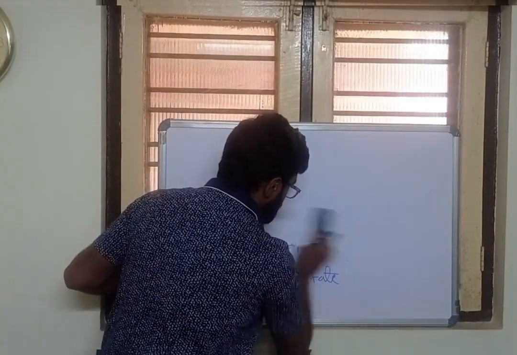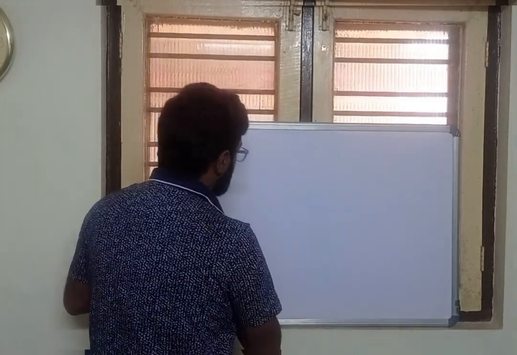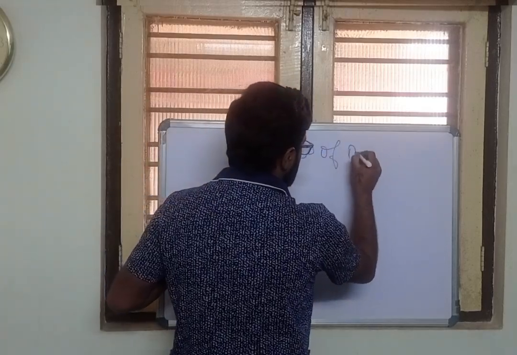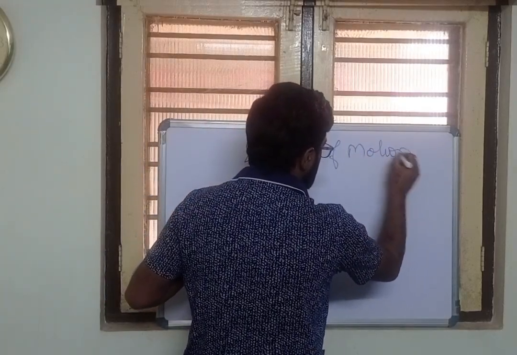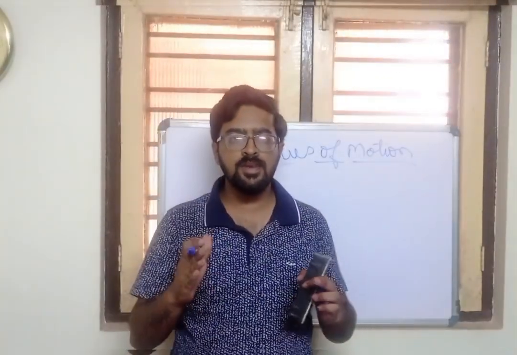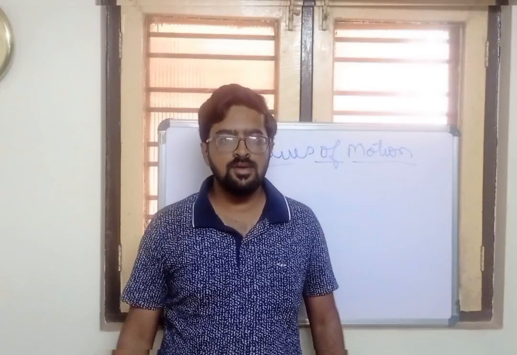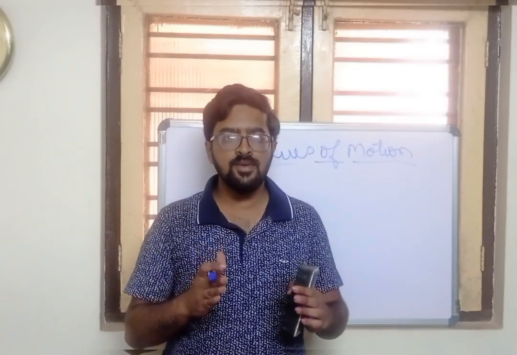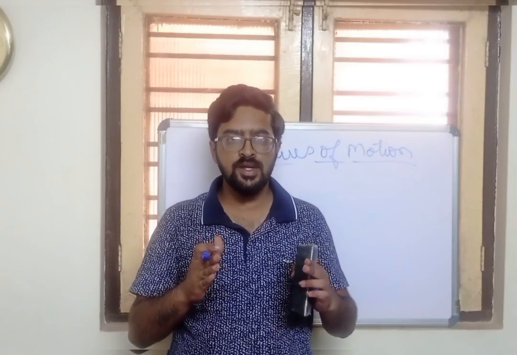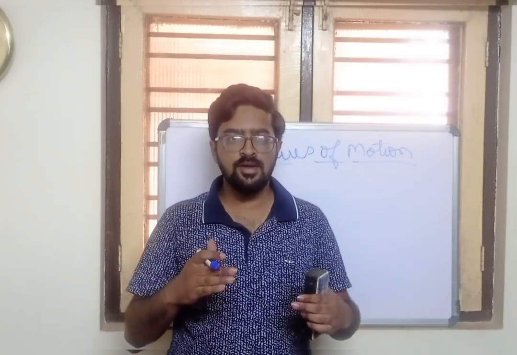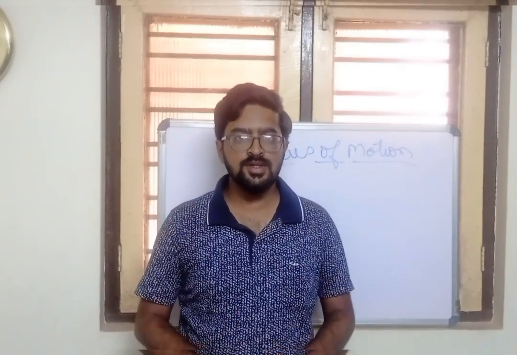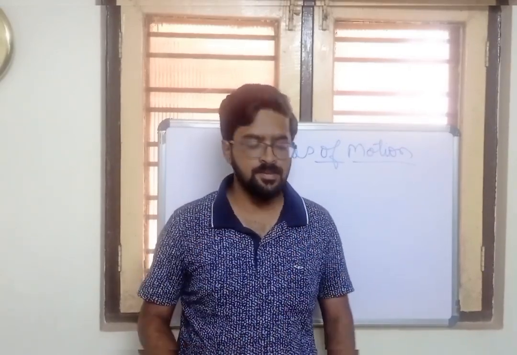So in laws of motion, equilibrium is defined as a state where the net external forces acting on the body are in opposite direction and equal in magnitude. So this is the state of equilibrium.